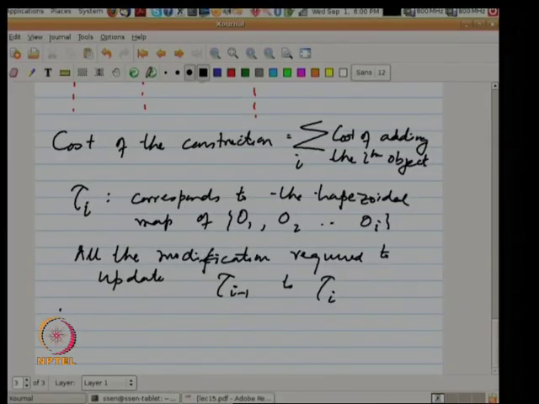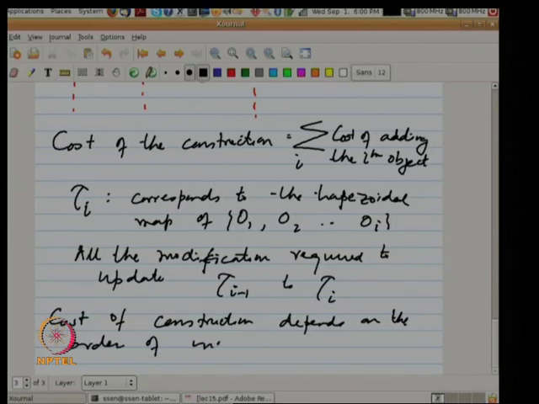So all I am saying is that the cost of construction depends on the order of insertions.